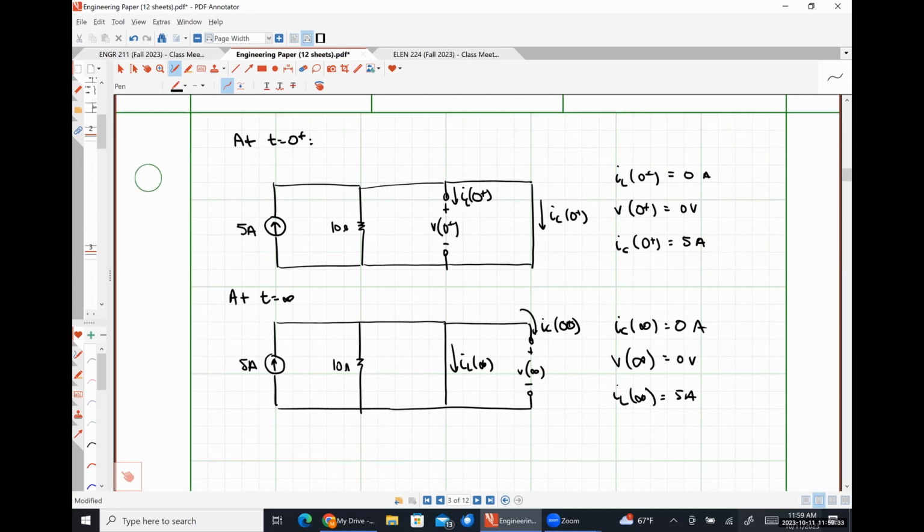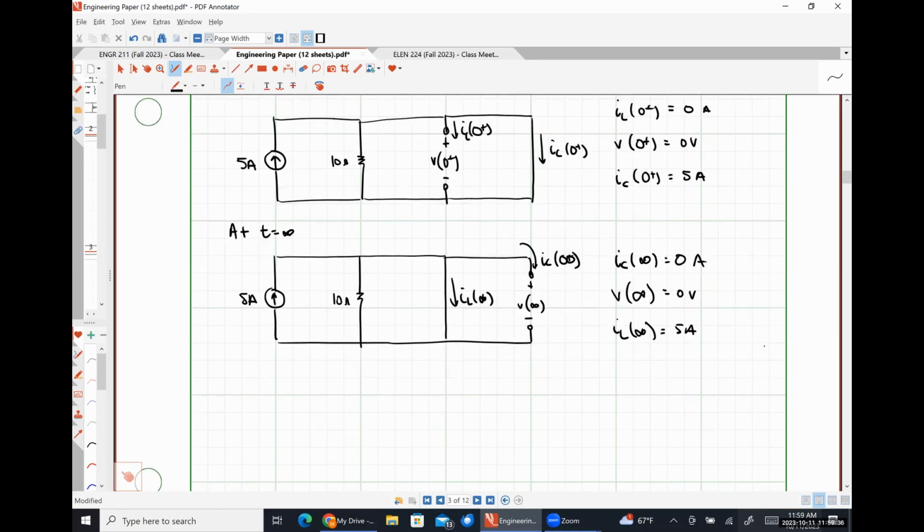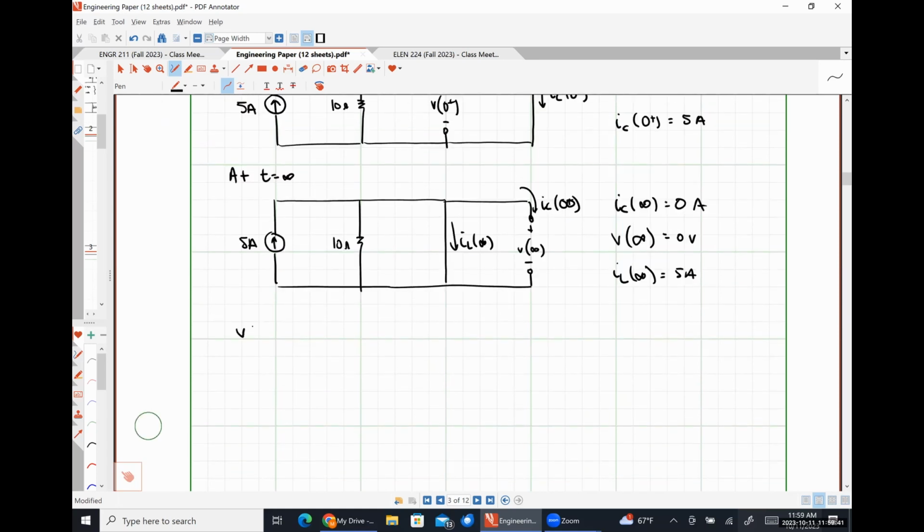Now we would put all this together and figure out what our response equation would look like. Once again, we're trying to find V of t. Because this is an underdamped circuit, V of t should be of the form, if I'm not mistaken, B1 cosine omega d t plus B2 sine omega d t, times e to the negative alpha t, plus V at infinity.